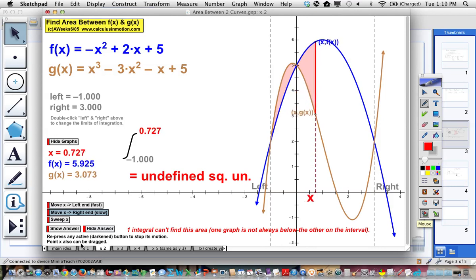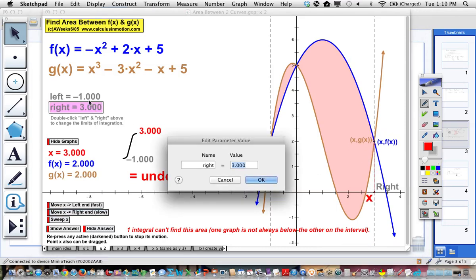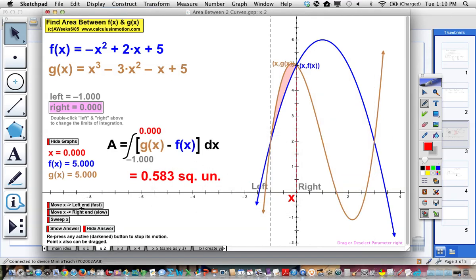According to this, whoops, I didn't realize this. It wouldn't let, okay, no big deal. So I need to go from -1 to 0. I need to do these separately. Okay, we can do that.